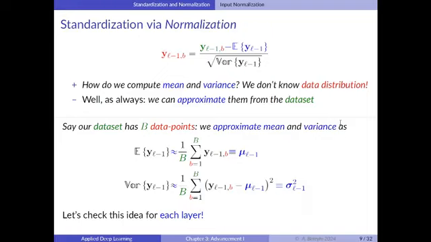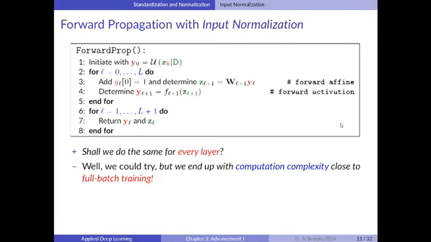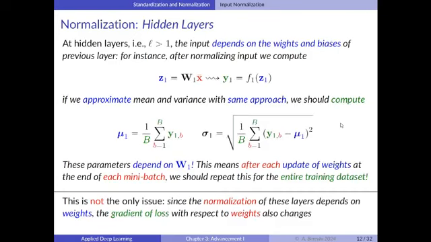We don't know the expectation, so we can use the mean, and we don't know the variance, so we can use an approximation. We apply normalization like this, as you can see in the picture. You normalize the data before starting the training, and also at inference time.